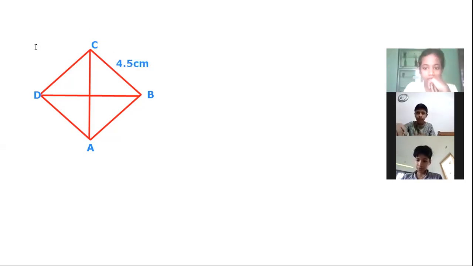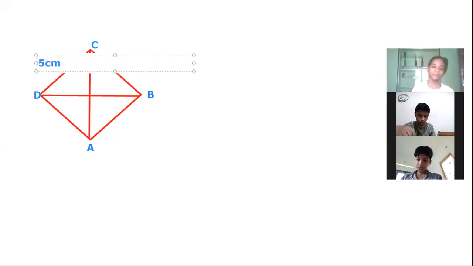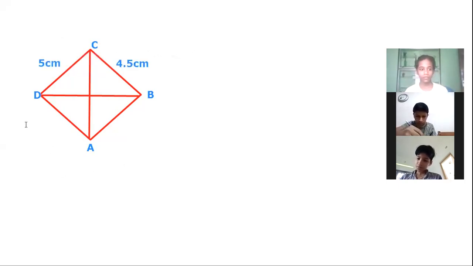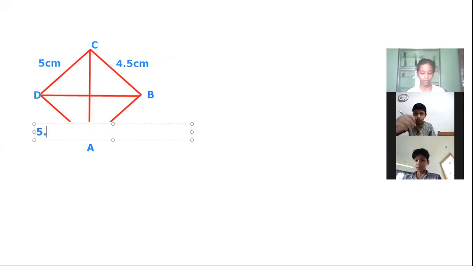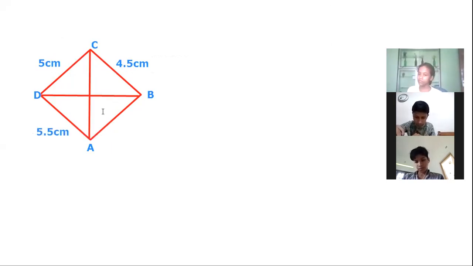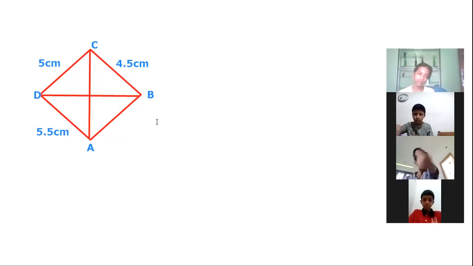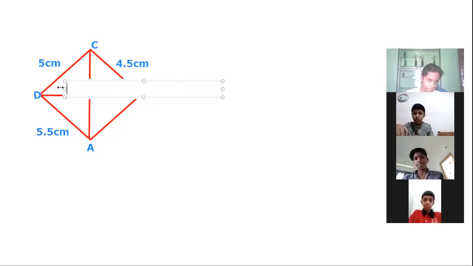The length of CD is equal to 5 centimeter and the length of AD is equal to 5.5 centimeter. And also we know the length of the diagonals. BD is given as 7 centimeter.